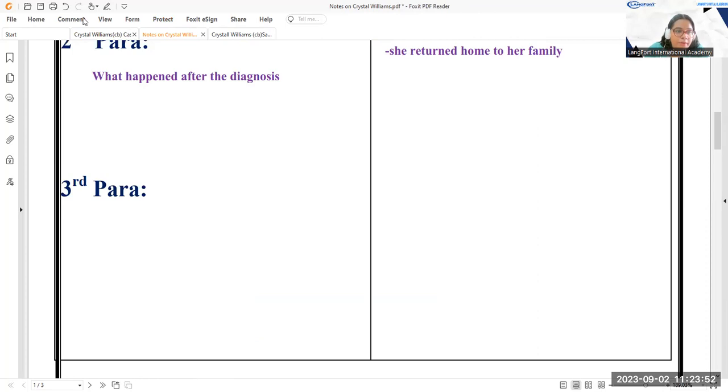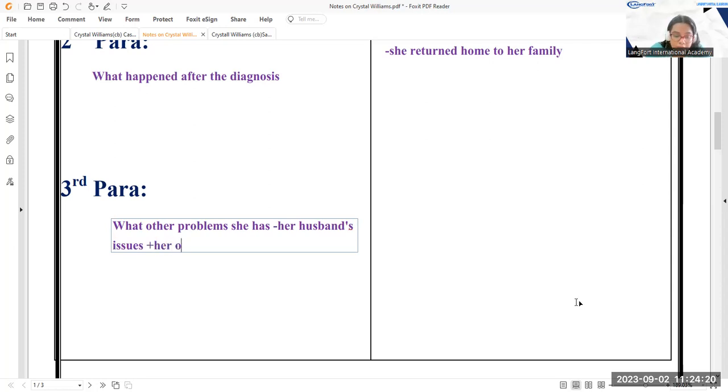Wait for the medication, because if I write medication, it doesn't logically blend well. So I can talk about what other problems she has, both her husband's issues, plus her own issues.